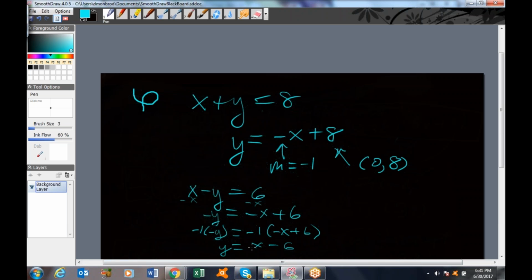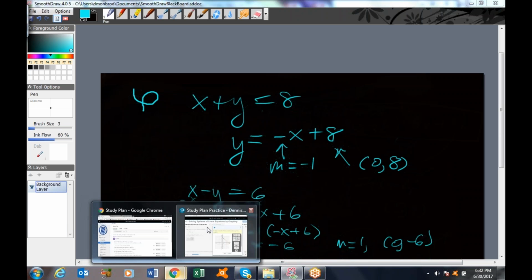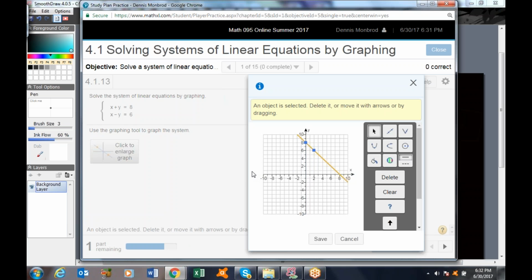Okay, so my slope is 1, and I have this point 0, -6. 0, -6. That's my y-intercept. So let me come back in over here. Okay, slope is 1 and 0, -6. So and we'll put this back in here. Slope is 1, so I come over 1, up 1.